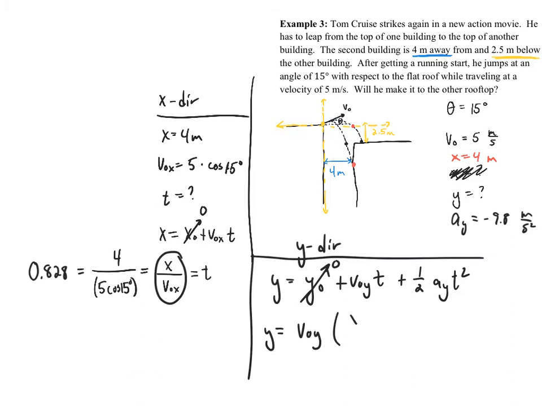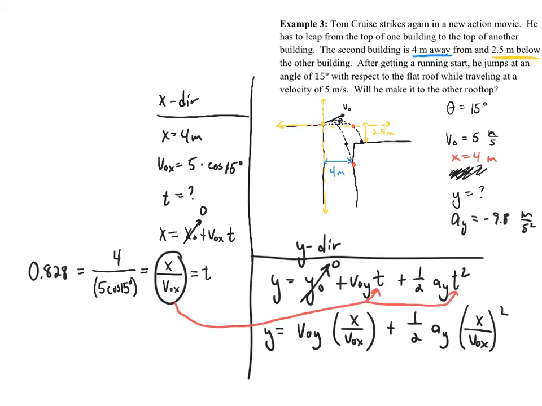So this is a straight plug and chug. v0y. Now t is really x over v0x. That's what Maura was mentioning a moment ago. He replaced t with x over v0x. And you can do that. He took this and plugged it in here and over here for time.